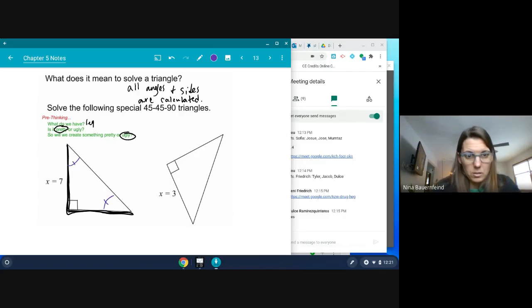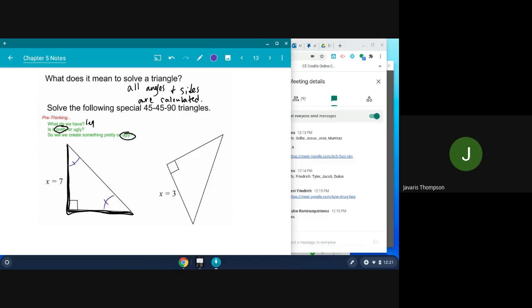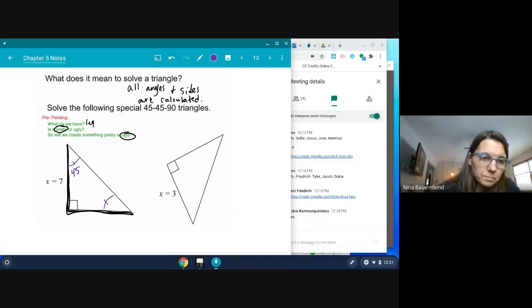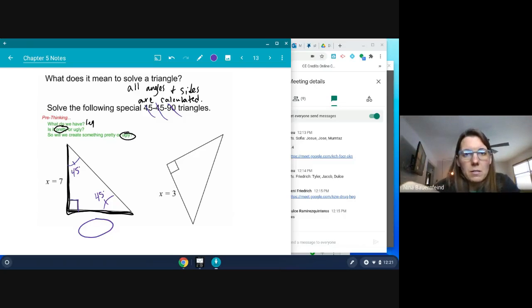How many degrees are those? 45, yep. So we got 45, 45, and then the 90 is already there. Now, what is this side going to be?